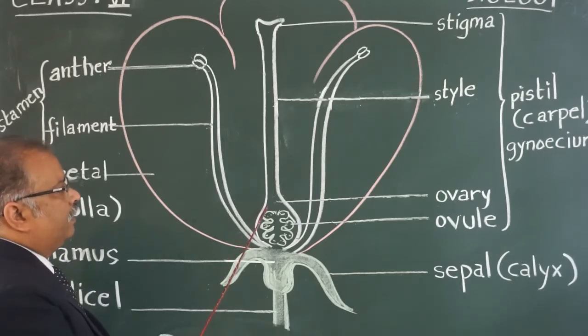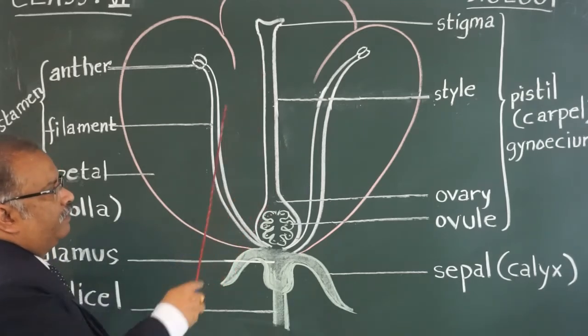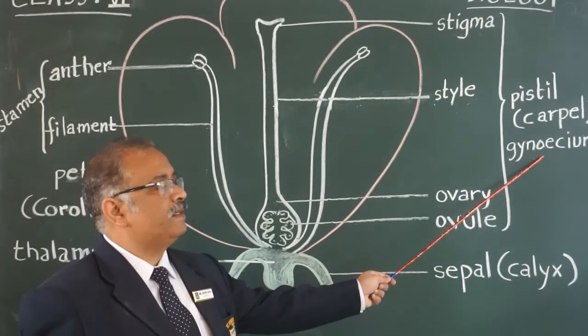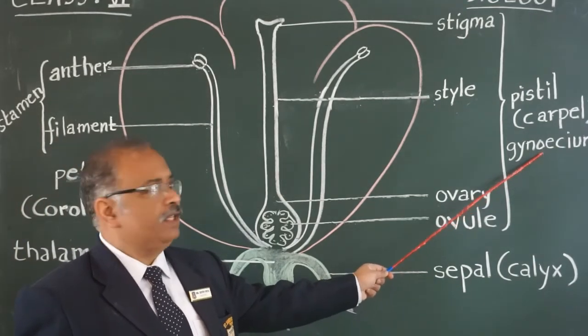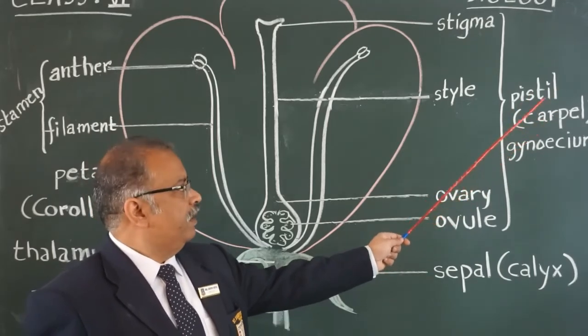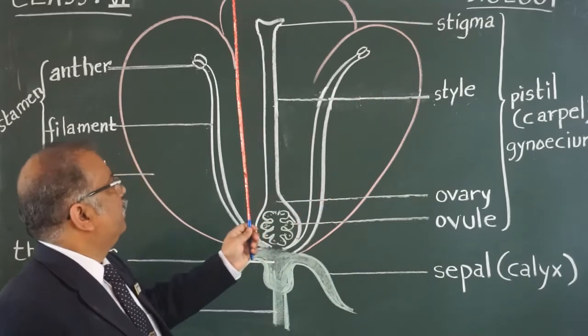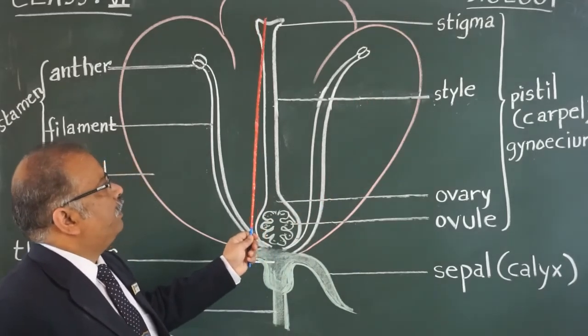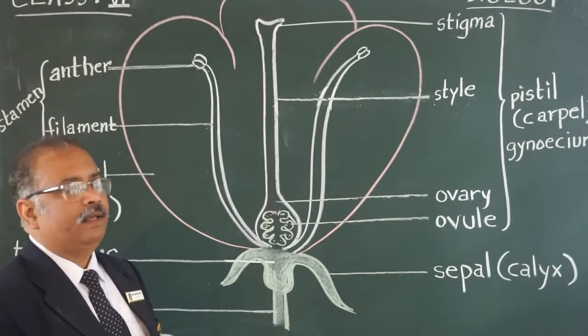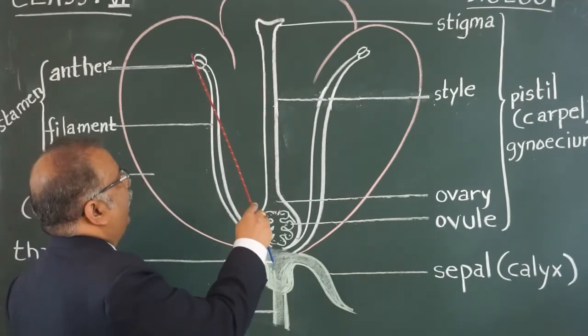Last one, the innermost whorl, which is the female reproductive part, called gynoecium, which is made up of carpel. Another word for carpel is pistil. Now here on this stigma, the pollen grains are received from the anther.